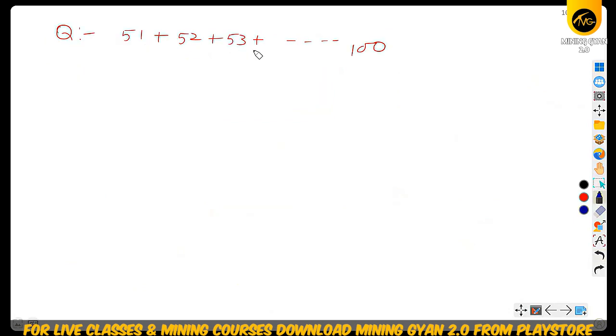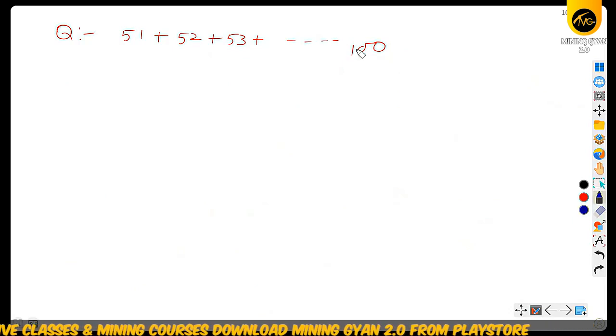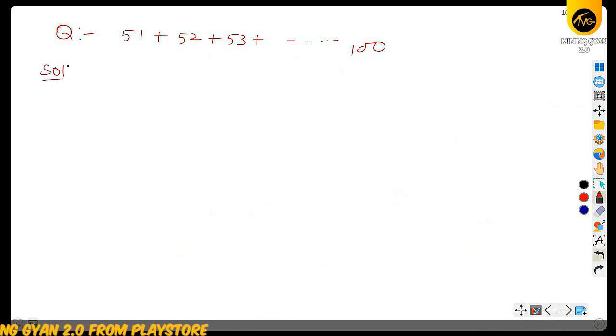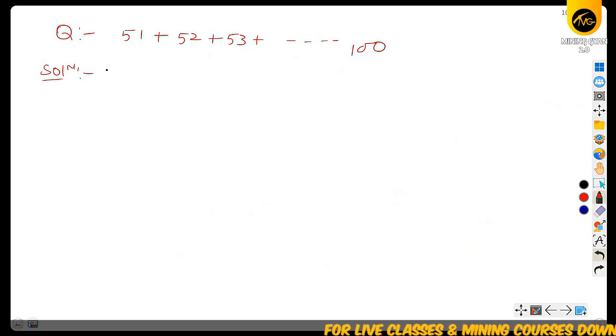51 plus 52 plus 53 and so on to 100. Now in this case, you can see the numbers start from 51, right? So you have to subtract the numbers before 51.